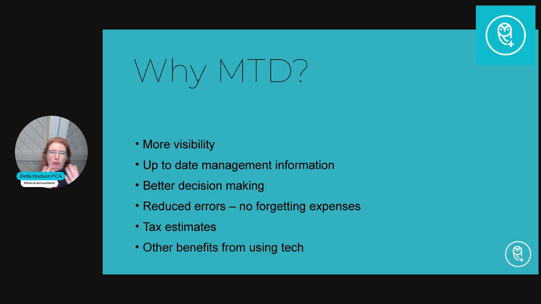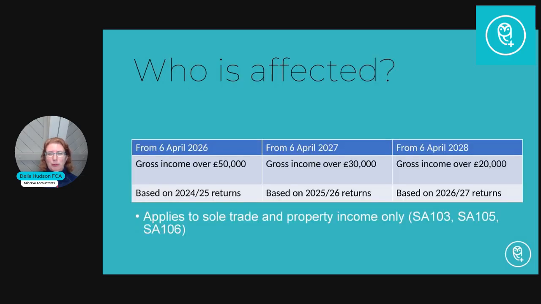You know, those heat-generated invoices that just fade on the dashboard of the van, or the ones that get lost or screwed up so they're illegible, because we're going to get them processing those straight away. They'll also have tax estimates so that they can get some idea of how much they should be setting aside. I know we need to still do the year-end stuff. And they'll be able to get the other benefits from using technology, which I'll go into later on.